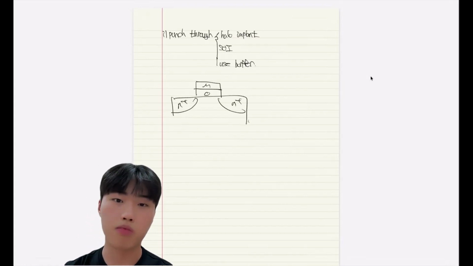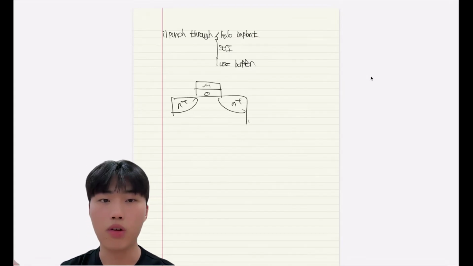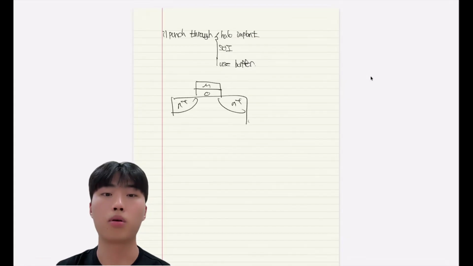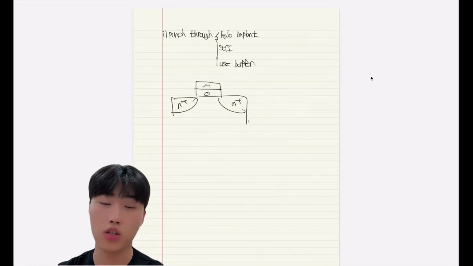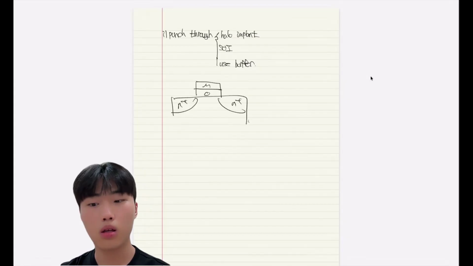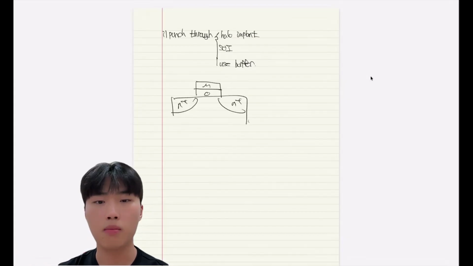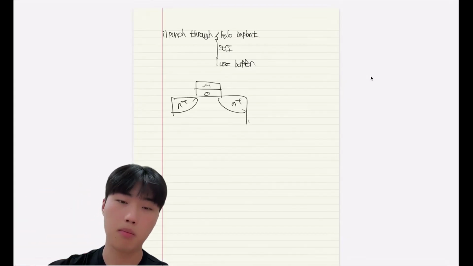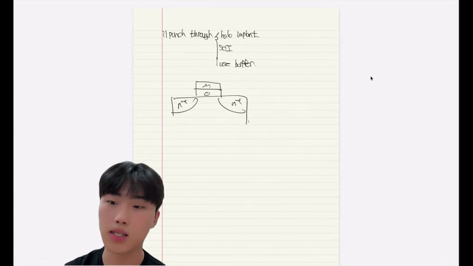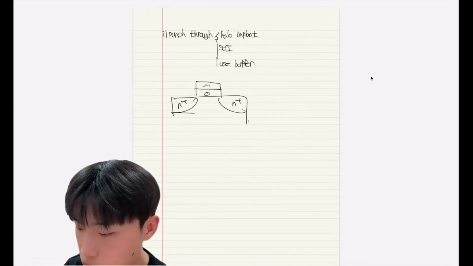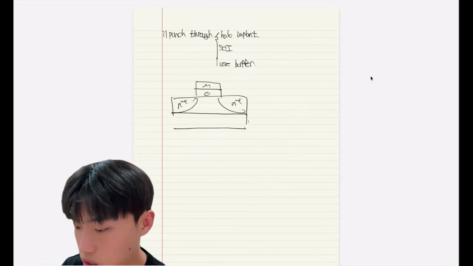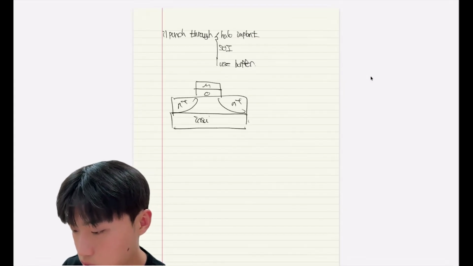But the reason for the punch-through was the depletion region. So the solution is not to make a depletion region at the bottom, under the body side. So we use an insulator here.